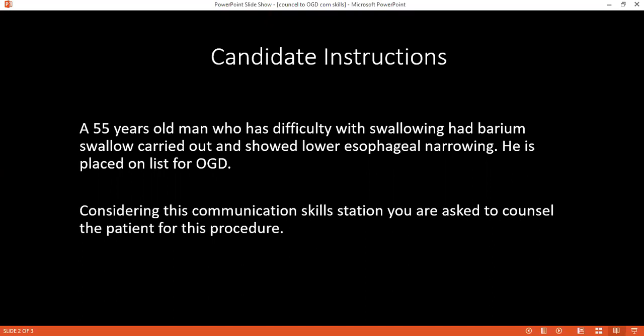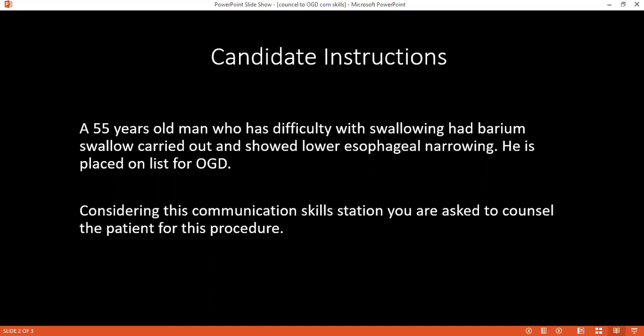No procedure is without risk. The possible risks are trauma to your teeth when inserting the scope, chest infection, and bleeding from the tissue. The most dangerous one is a tear through your food pipe, which may require surgical repair.